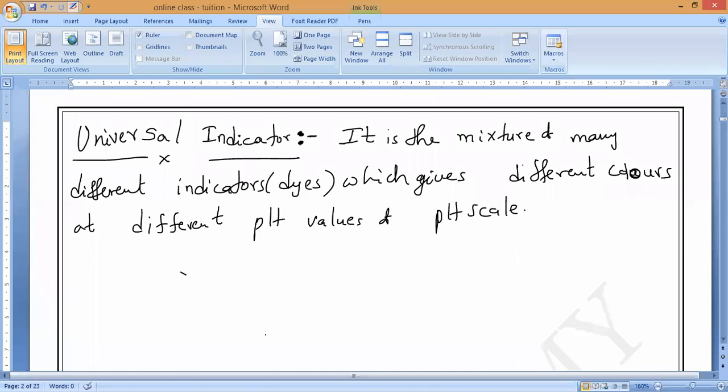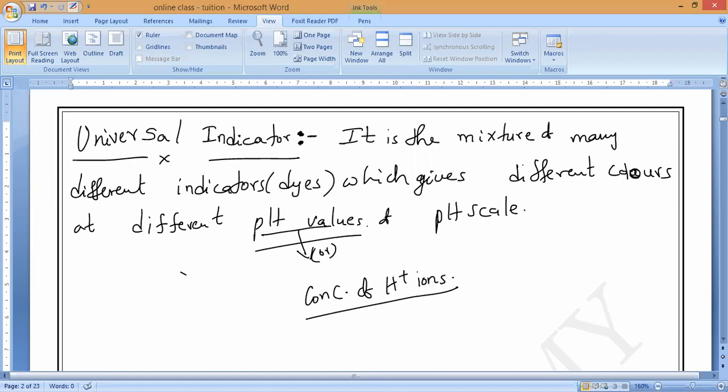Whenever I say pH value, it indicates the power of hydrogen, or the concentration of hydrogen. So the universal indicator will give different colors at different concentrations of H plus ions.